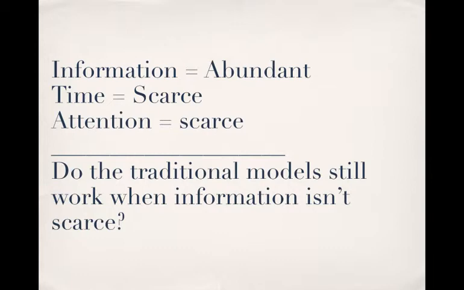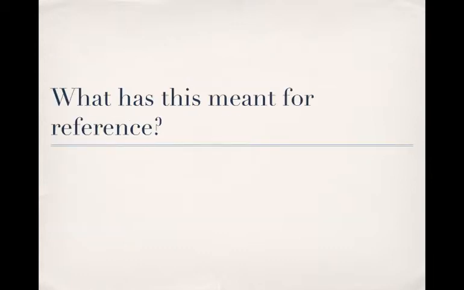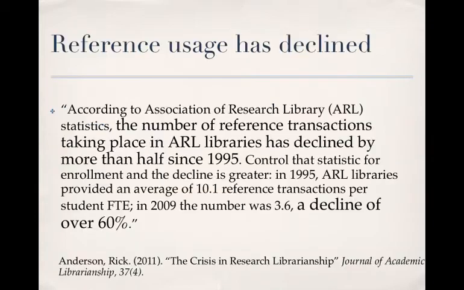So in this era, do the traditional models of mediated research really make sense? And what has all of this meant for reference? Because we have seen changes in trends in reference.